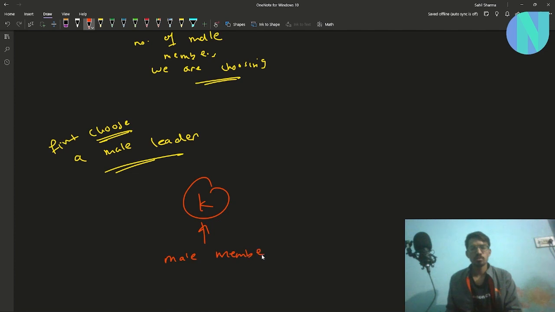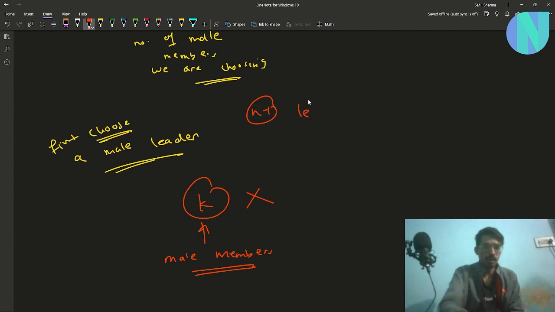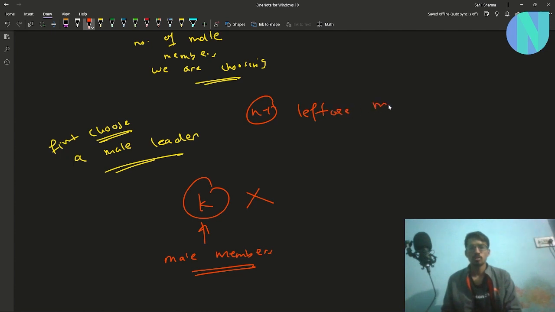Then we have n minus 1 leftover members, or you can say n minus 1 leftover males plus females, and we have A minus 1 leftover slots in the committee.